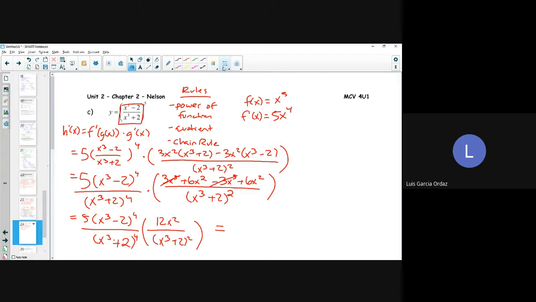Yep, thank you, Priyanshu. So again, we're going to do 12x squared times 5, which gives me 60x squared times (x to the 3 minus 2) to the 4, you leave the bracket alone. And because we have exponent laws at the bottom, same base with exponents being added, my denominator simplifies to (x to the 3 plus 2) all to the power of 6.